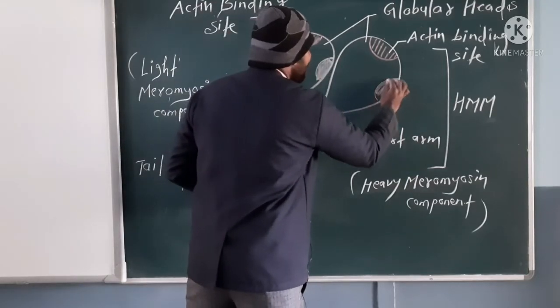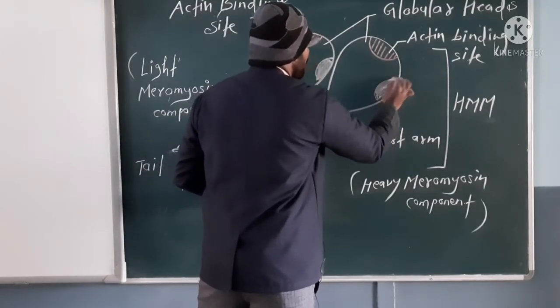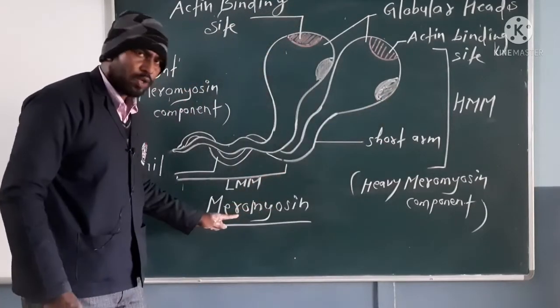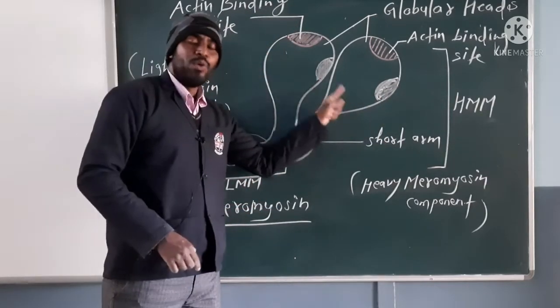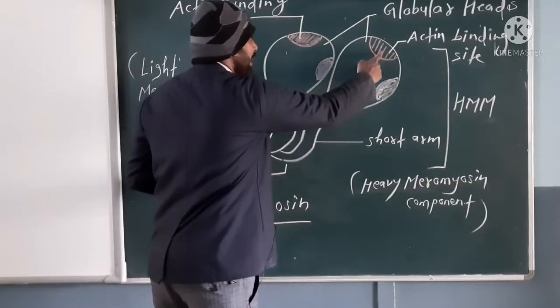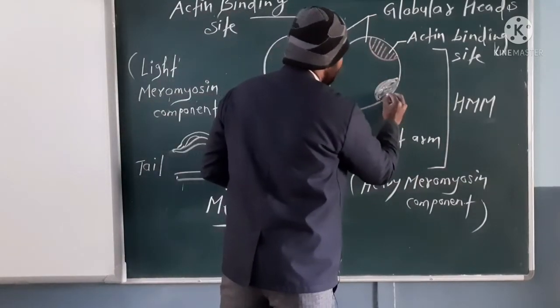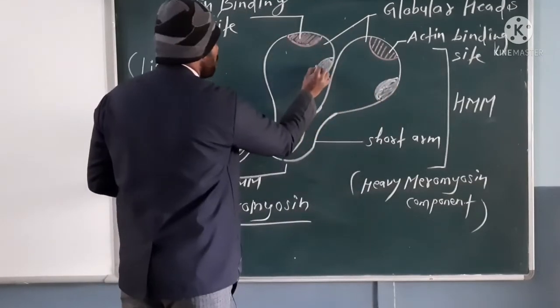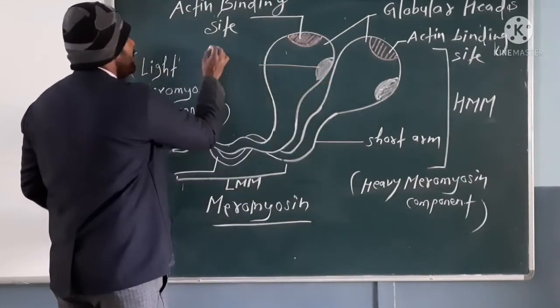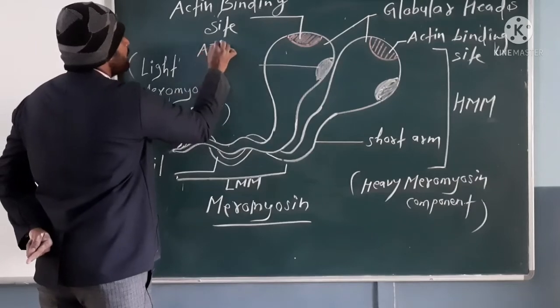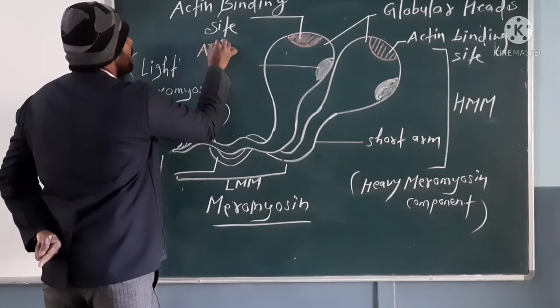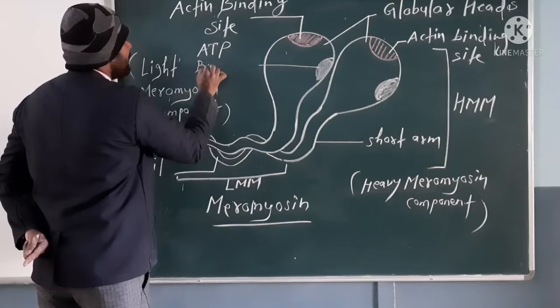So two different sites are present in a single molecule of meromyosin at the globular head region. First, the actin binding site, and the other one, I am writing here, is the ATP binding site.